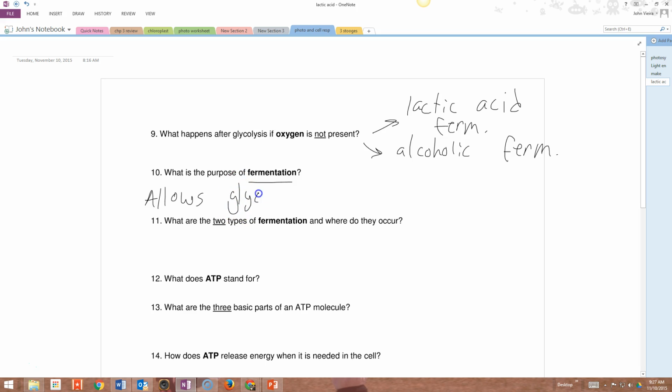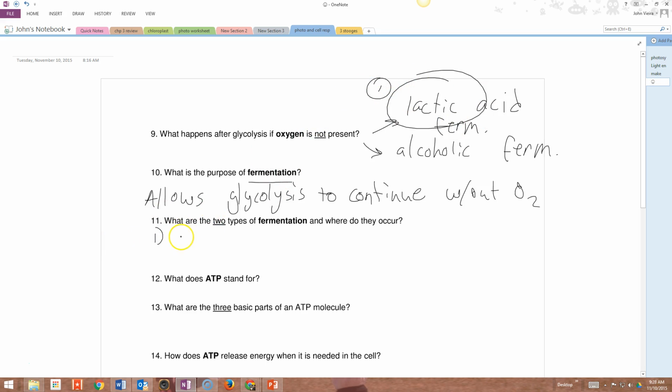It allows glycolysis to continue without oxygen gas present. Two types of fermentation. Lactic acid, right? That's number one. Number one, lactic acid, occurs in muscle cells. Number two is alcoholic fermentation, right? That occurs in what type of cells, class?